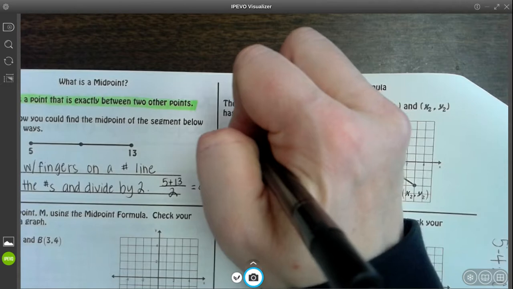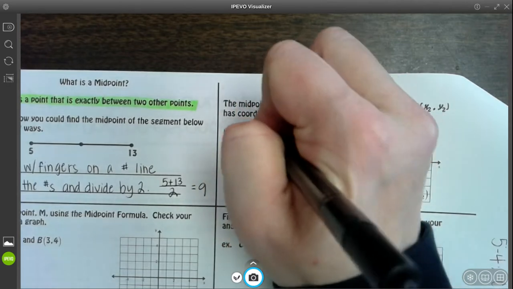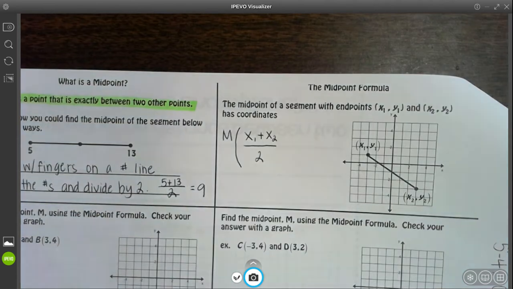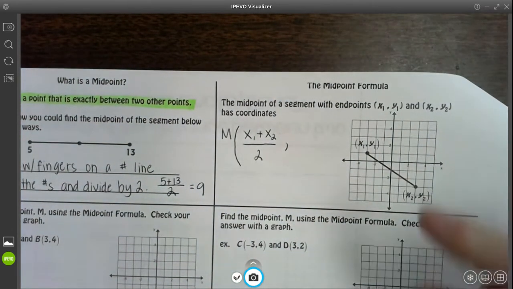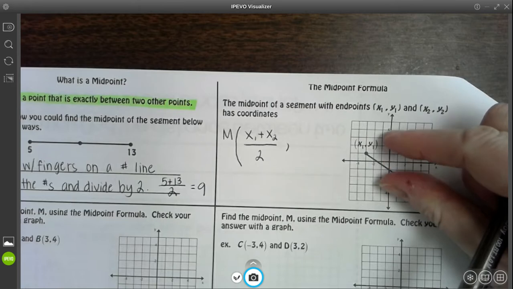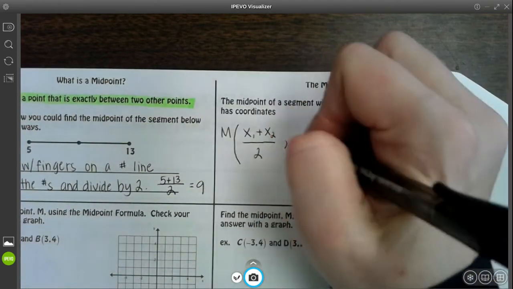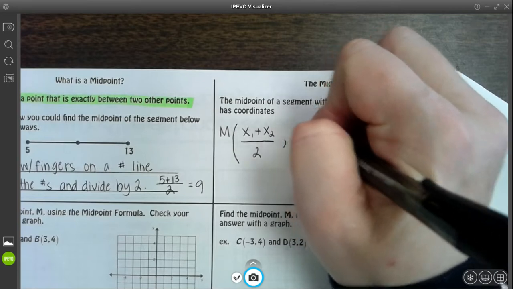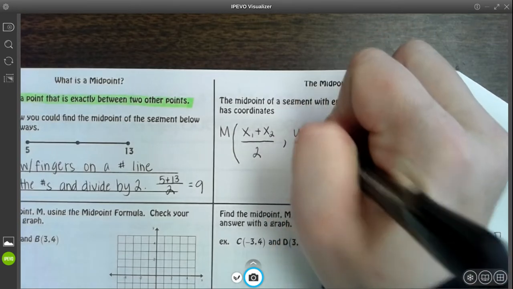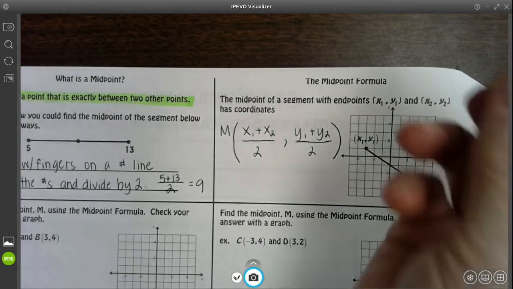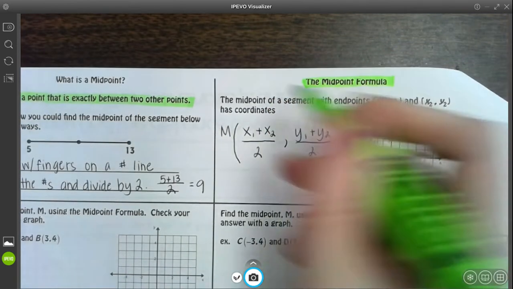So I'm going to add those together, x sub 1 plus x sub 2, and divide by 2, and that's going to give me the x coordinate of the midpoint. Then to find the middle vertically, I'm going to do the same thing with the y coordinates. So it's going to be y sub 1 plus y sub 2 over 2. This is the formula that we are going to use to find the midpoint, okay?